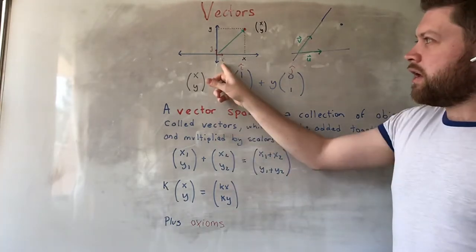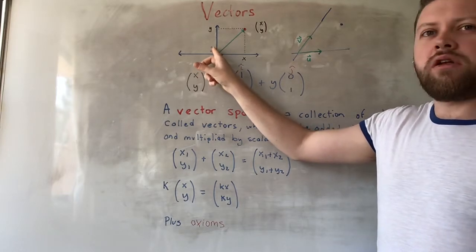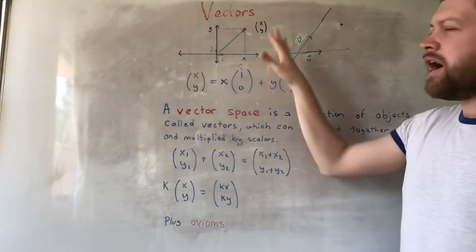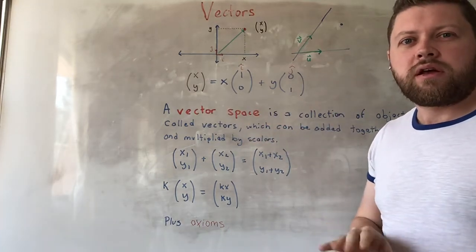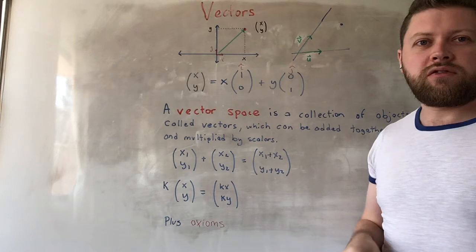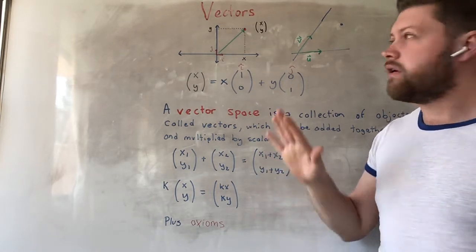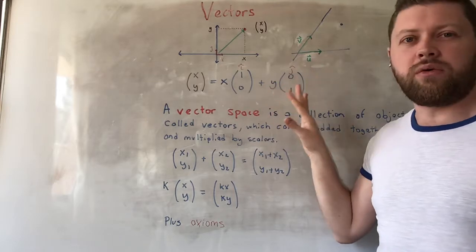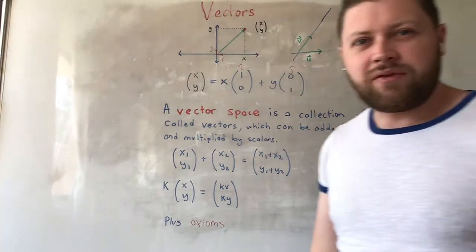What this means is that i hat is one unit along the x-axis and j hat is one unit along the y-axis. And absolutely any vector on the entire 2D plane can be written in terms of these two vectors, some linear combination of these two vectors. So all vectors are accessible with these alone. Okay? That's why they're called basis vectors.